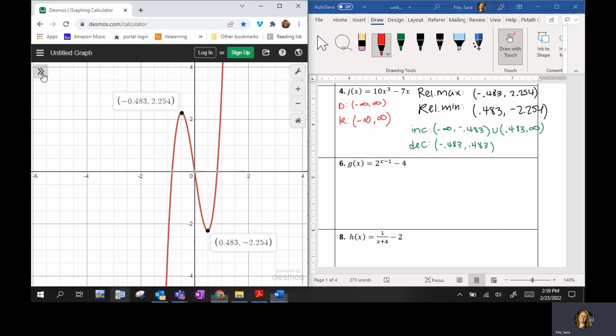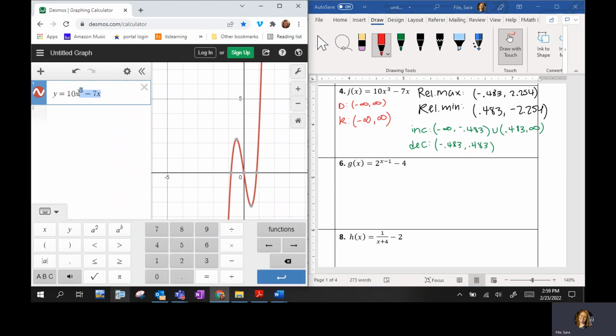All right, let's look at 6. So this one is exponential, meaning x is in the exponent. So we've got x minus 1 in the exponent. The base is 2.